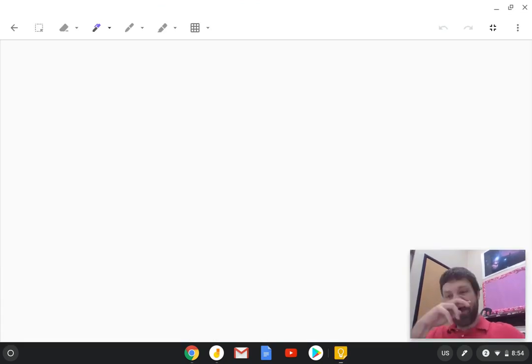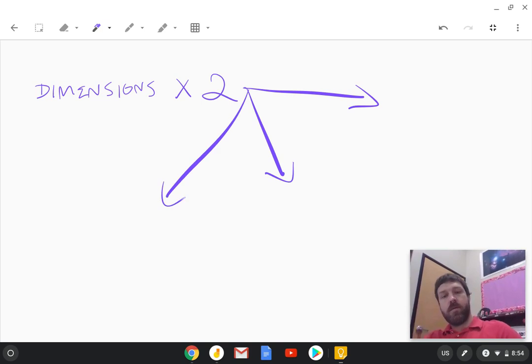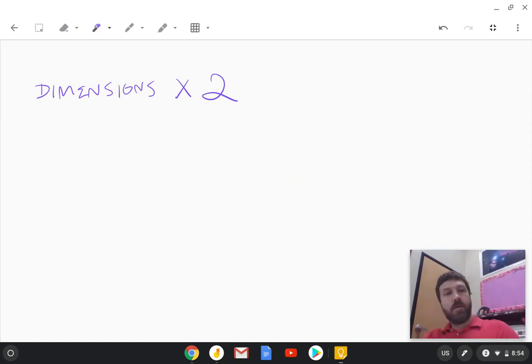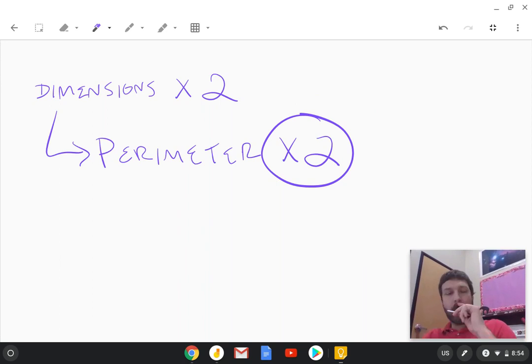When you multiply the dimensions of something, so let's say we multiply dimensions times 2, for instance, the perimeter also will be multiplied times 2 because the dimensions are a one-dimensional measure.